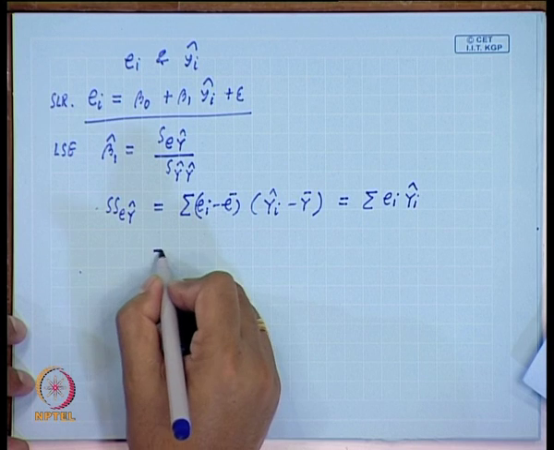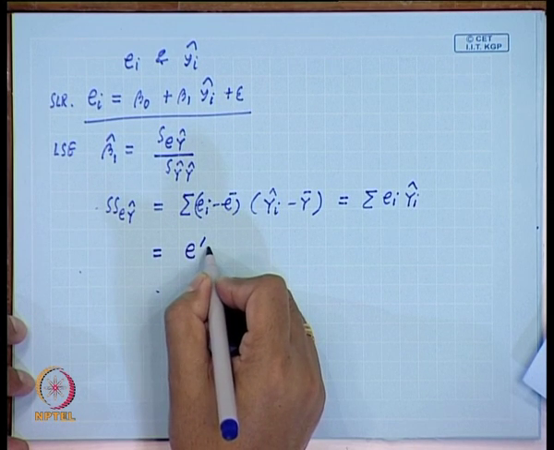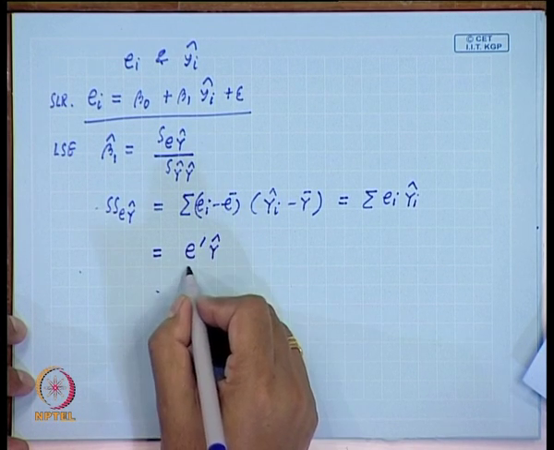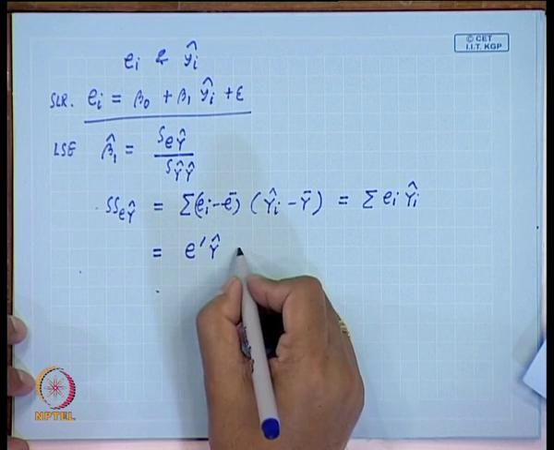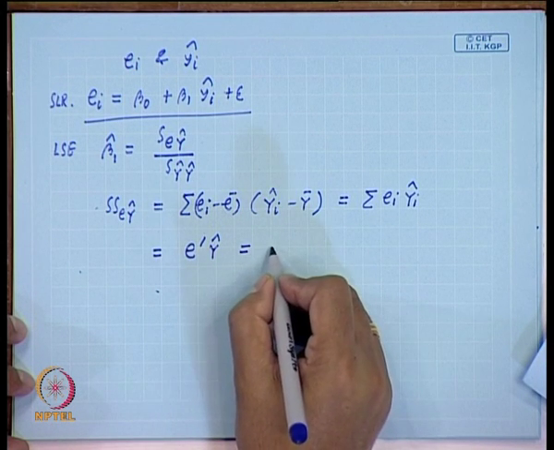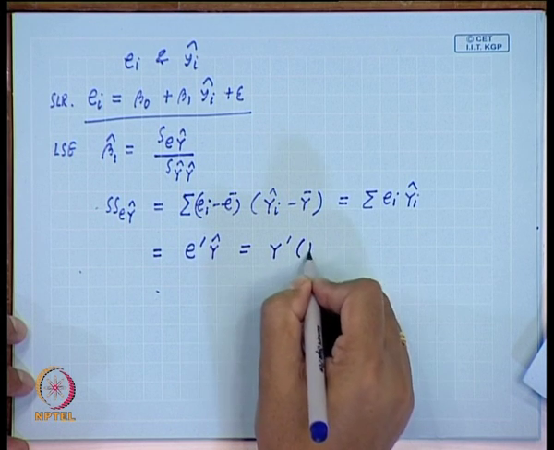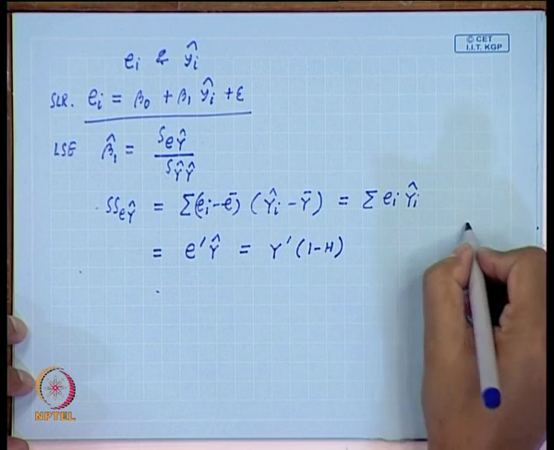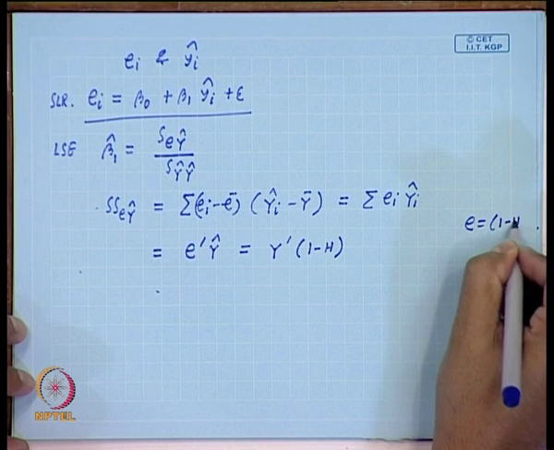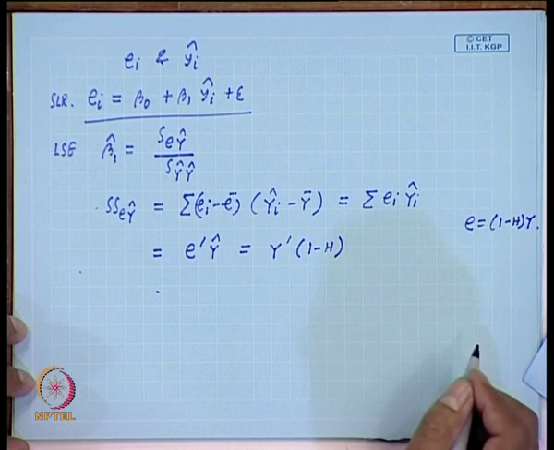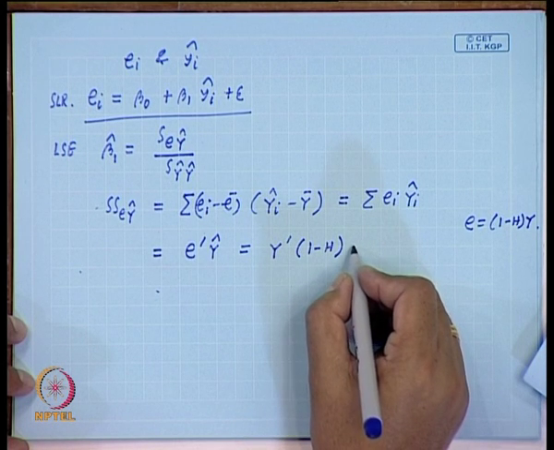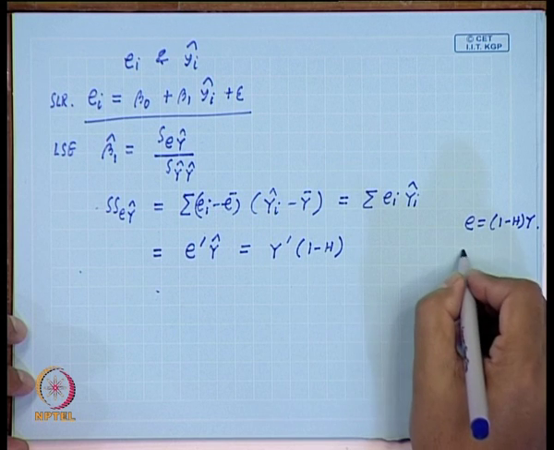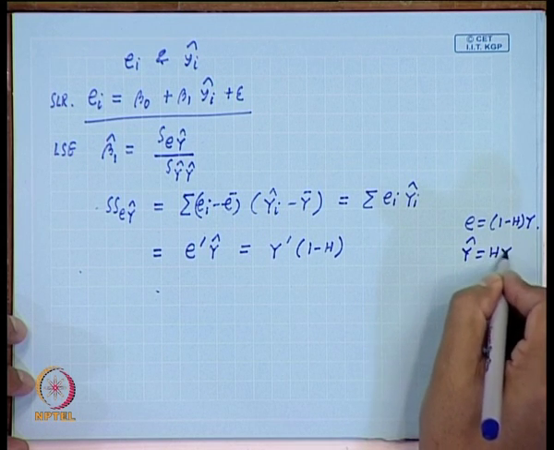So, in matrix notation this is equal to E prime y hat. What is E prime? E prime is equal to y prime I minus H, because E equals I minus H y, and y hat is equal to H y. We know that y hat is equal to H y.